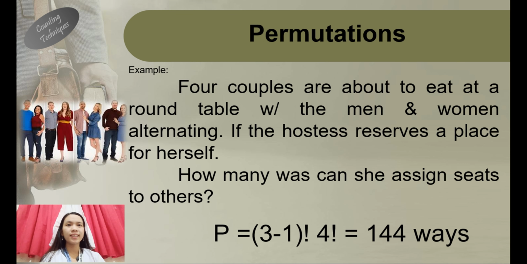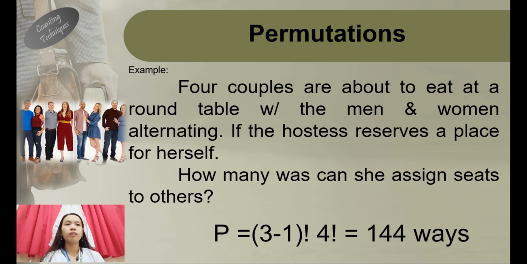We have another example here. 4 couples are about to eat at a round table with the men and women alternating. If the hostess reserves a place for herself, in how many ways can she assign seats to the others?